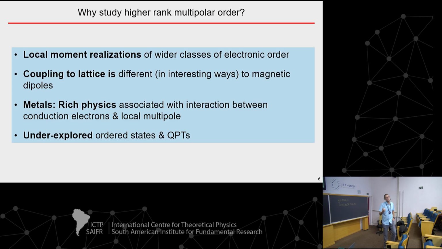But you can study this in a case where you know the effective Hamiltonian, because what I'm about to tell you, we're going to do this with rare earths. We know the effective Hamiltonian that describes the local atomic states on a rare earth ion. We also heard in Joe's lovely talk that coupling to the lattice is different in interesting ways to the case of a magnetic dipole. That leads to some very rich physics, which we heard about.